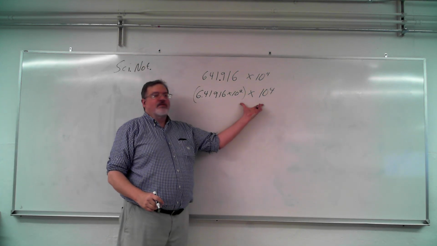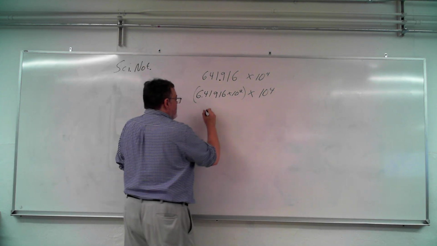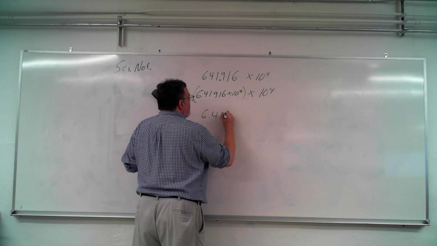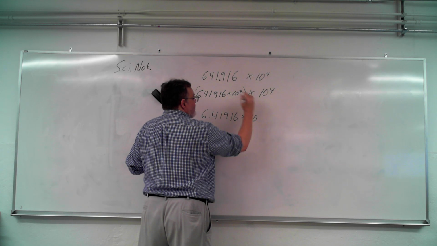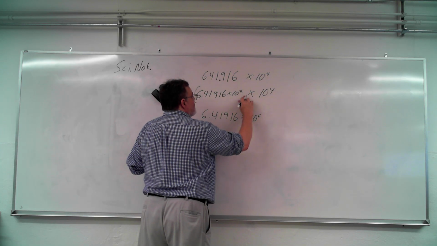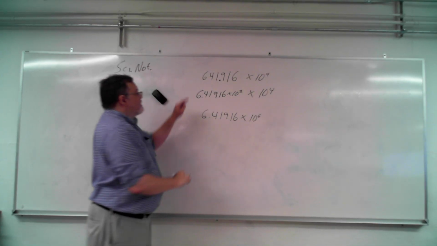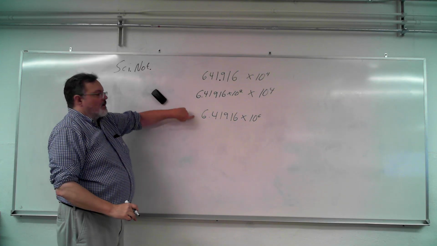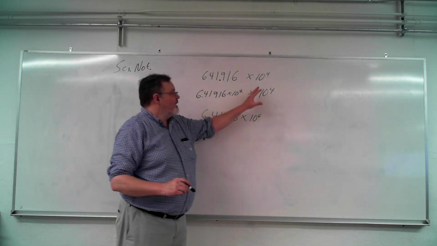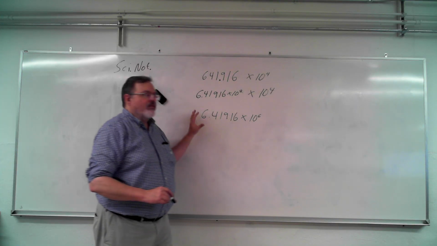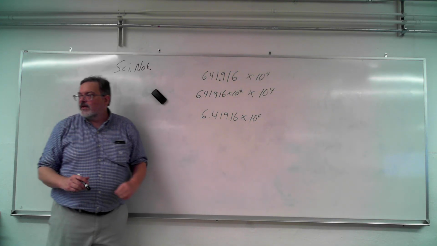And then you combine the two powers of 10. Times 10 to the 4 plus 2, times 10 to the 6. So this number and this number and this number are all exactly the same. Whatever that comes out to be, they're going to be exactly the same.